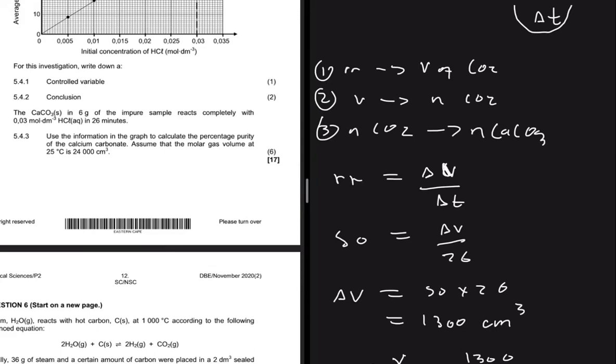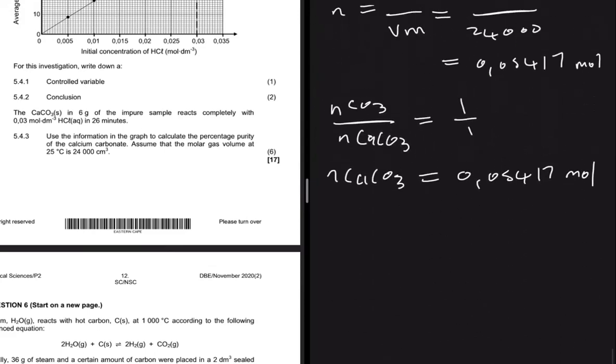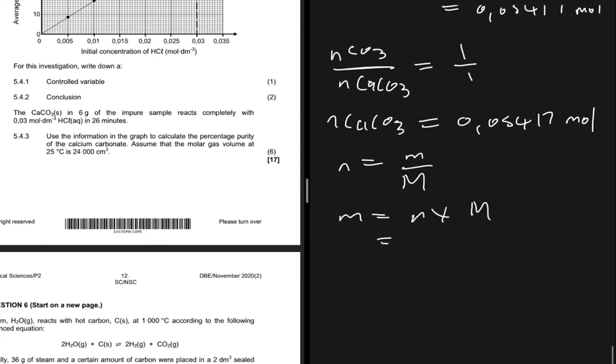So now we've done step 2, to calculate the number of moles of CaCO3. Now we can take a formula and calculate the mass of CaCO3. So we know that the number of moles is equal to mass divided by the molar mass, and we want the mass. So the mass will be equal to the number of moles multiplied by the molar mass, which is 0.05417 multiplied by the molar mass of CaCO3.